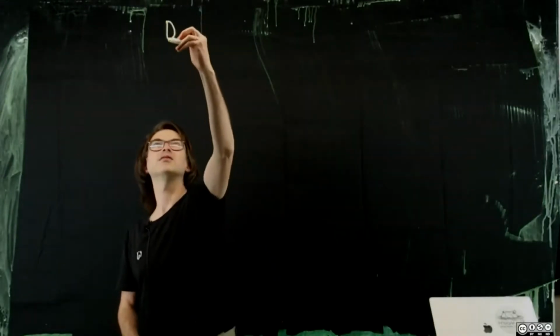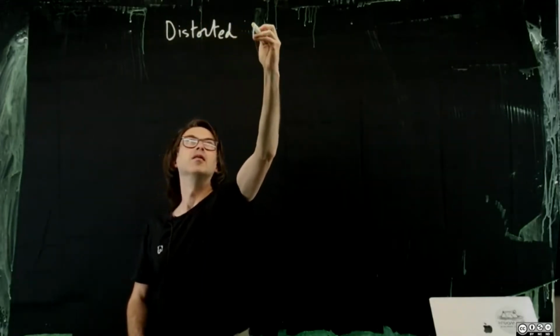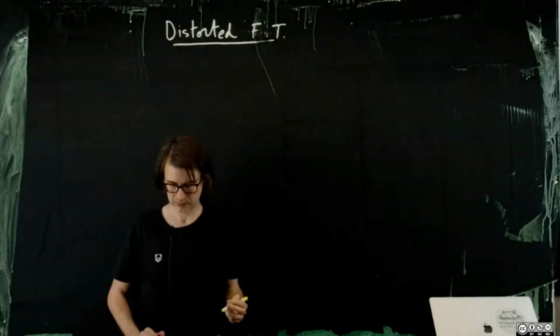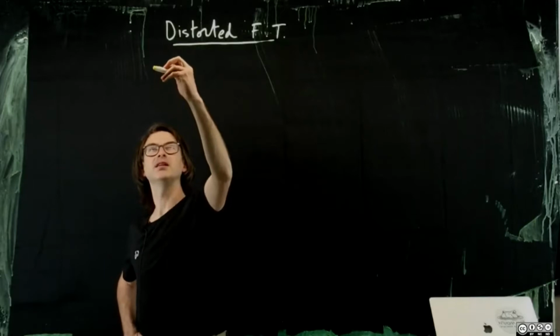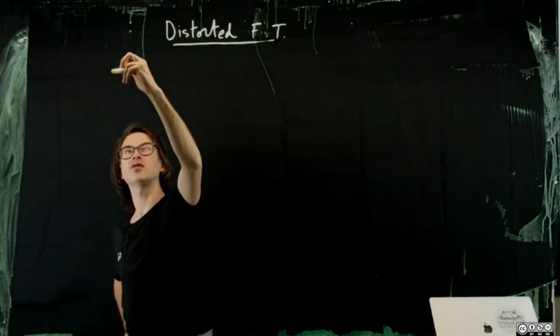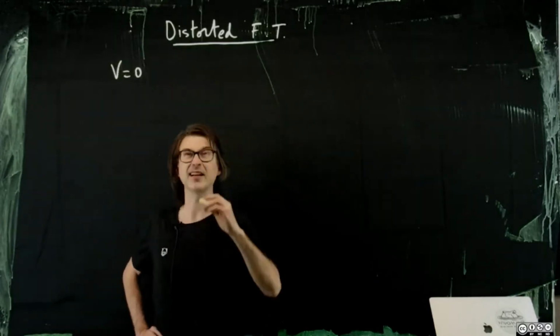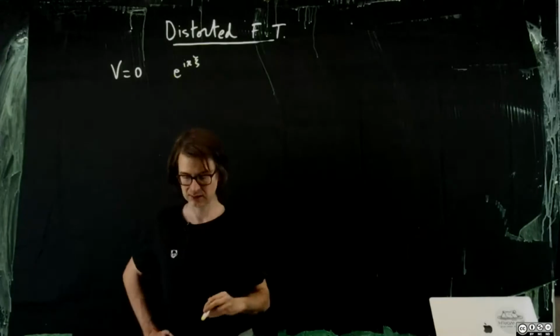Okay, so distorted Fourier transform. Okay, so in the flat case for V equals 0, of course the Fourier transform is defined through the complex exponential e to the i x xi.